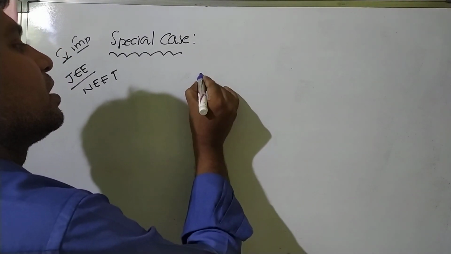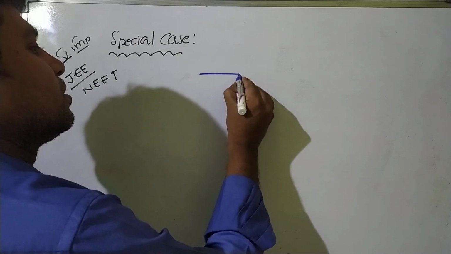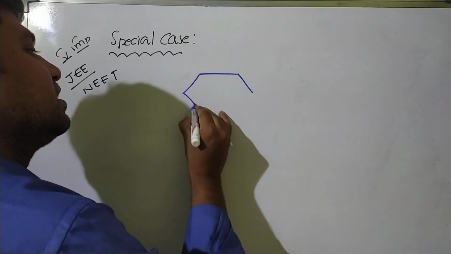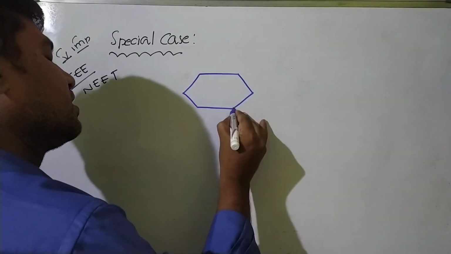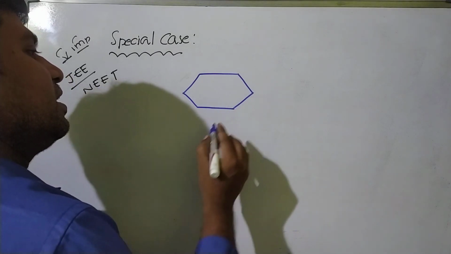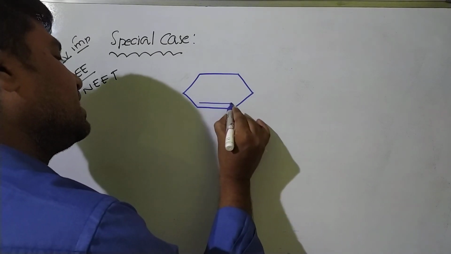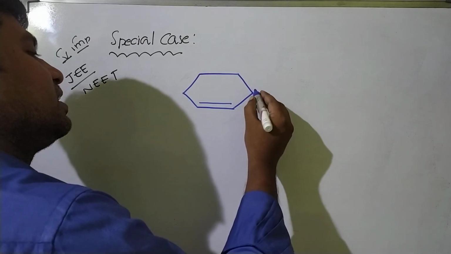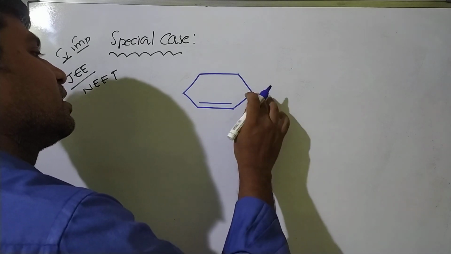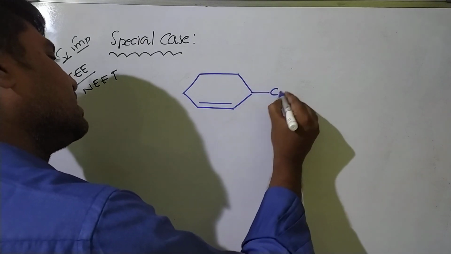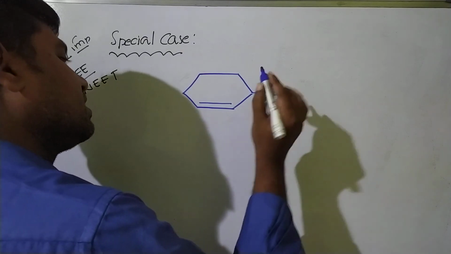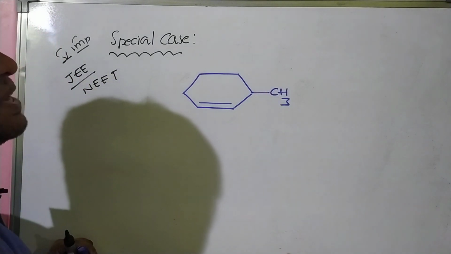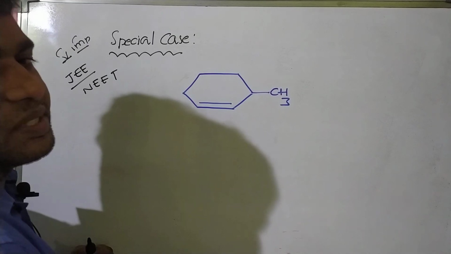The special case is cyclohexane. So this is cyclohexane. Here some double bond is there. Here one methyl is there. This is one methyl. Does it exhibit geometrical isomerism or not?